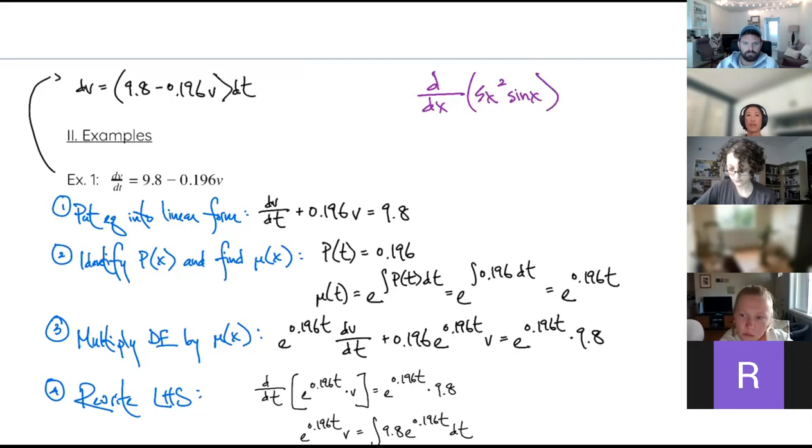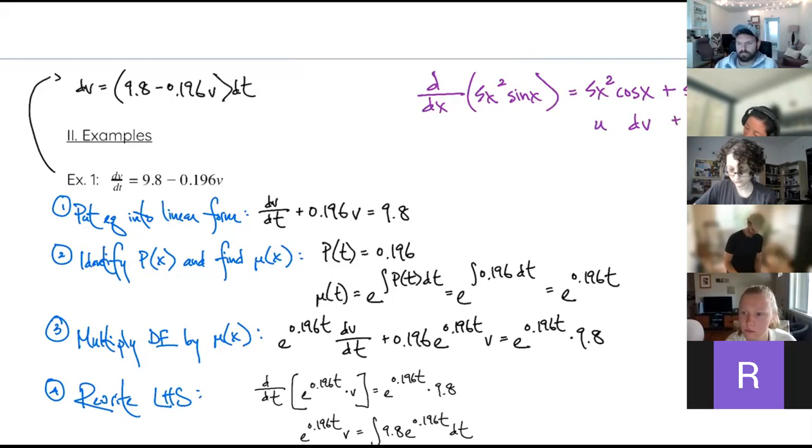I would have to use the product rule, and I would get the first function times the derivative of the second plus the second function times the derivative of the first, right? So this is like my u dv plus v du format. And what we're used to is going in this direction: somebody gives us two functions that are multiplied together and we say, take the derivative.